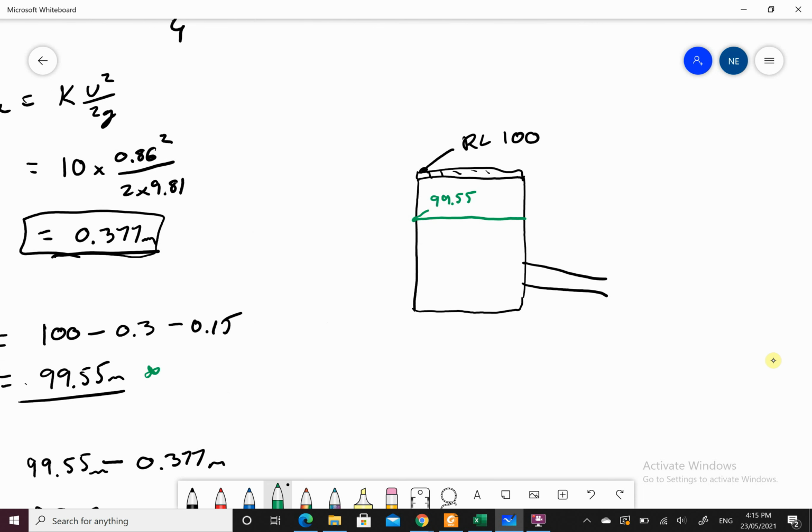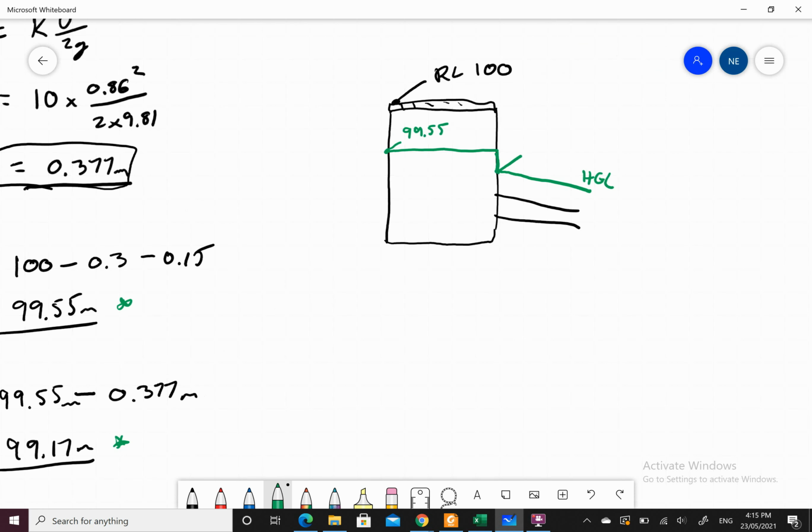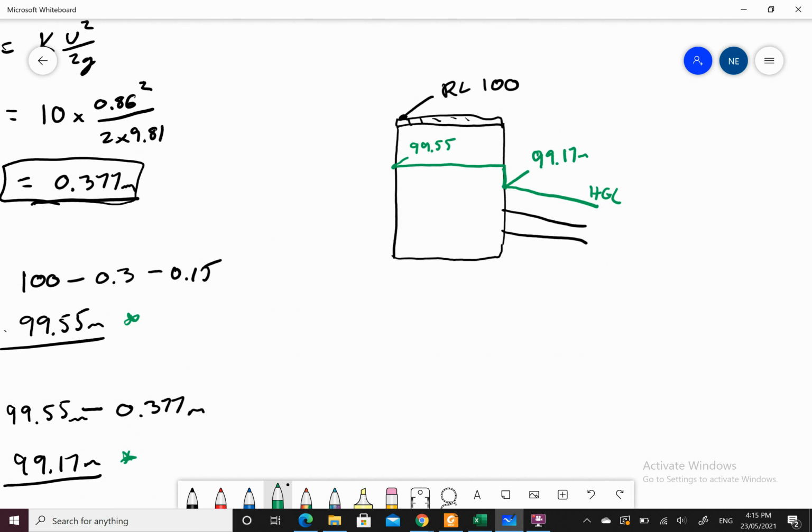We have some kind of losses as the water comes in, so it drops and then it runs down. As long as this hydraulic grade line is higher than our pipe, it will run full. So this point here is what we've worked out, our 99.55 subtract our losses, so that's this number here, 99.17 meters. This is our first diagram for pit 1.